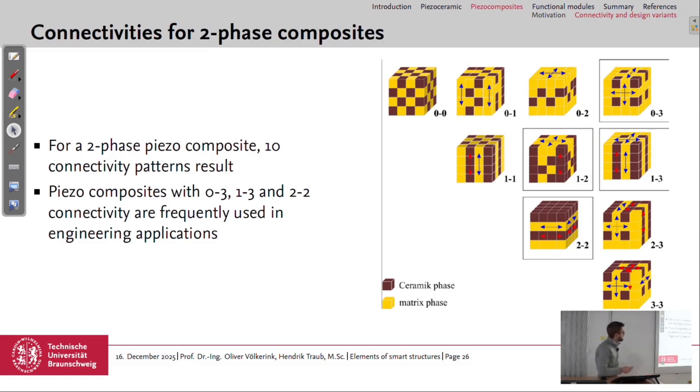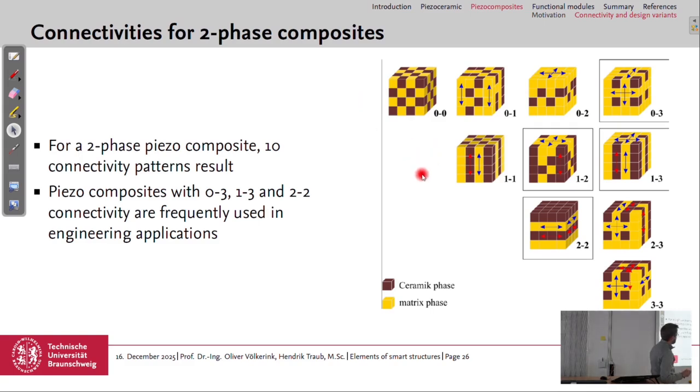Now we can have a look at different connectivities for these two-phase composites. So we have the MN connectivity, with the ceramic phase as M and the matrix phase as N. So 0,3 would be a particle of ceramic in a volume of matrix, and we can have 0,0, particles in particles.